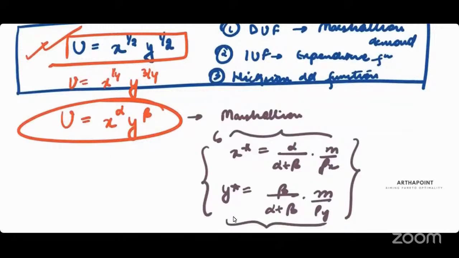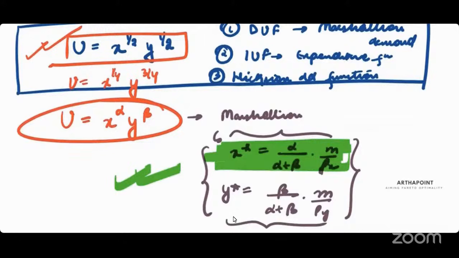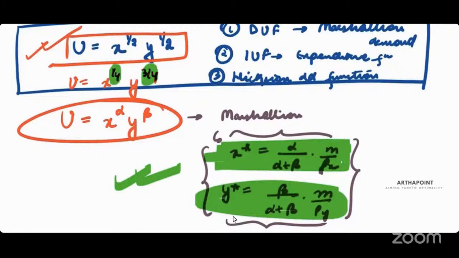Once you remember this general format, alpha upon alpha plus beta and beta upon alpha plus beta, you can solve it for any alpha and beta. Your alpha is 1 by 4 here, beta is 3 by 4 here. So you know that for this the answer will come as 1 by 4 upon 1, m by px, and 3 by 4 upon 1, m by py. So you will be able to solve it for any case. I want you to take at least 2 to 3 different utility functions and follow this entire process.